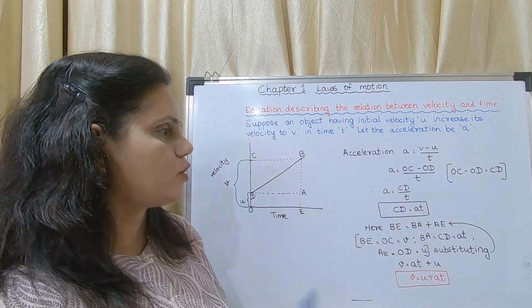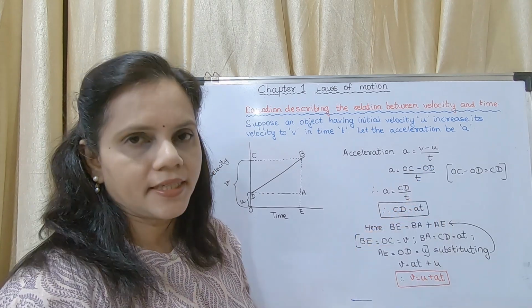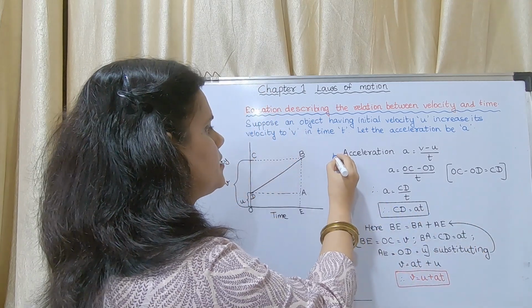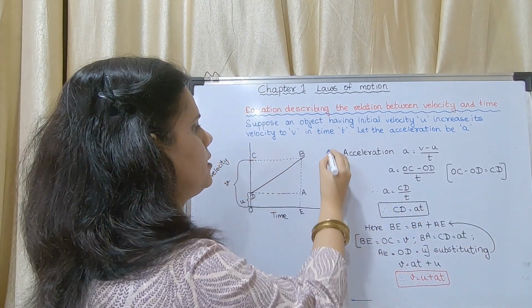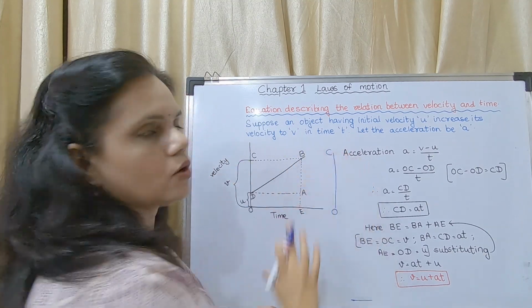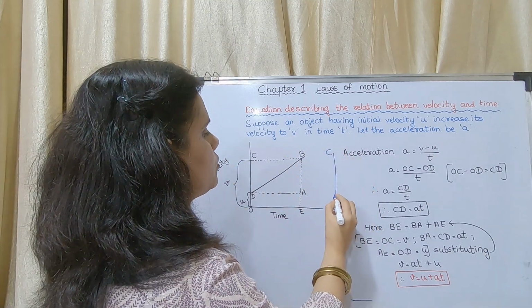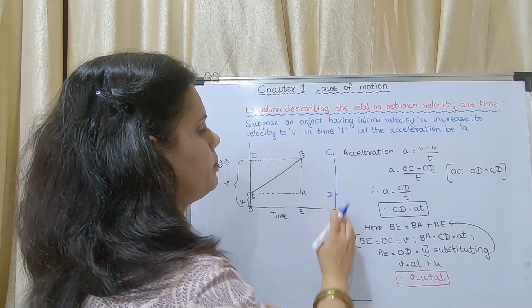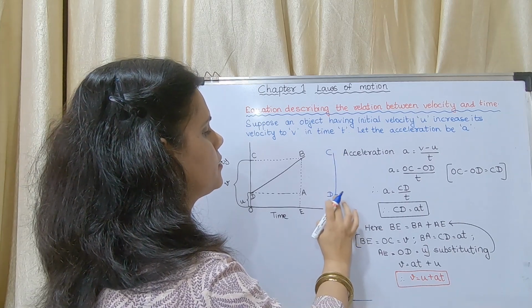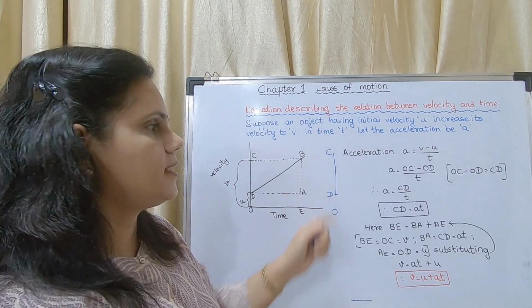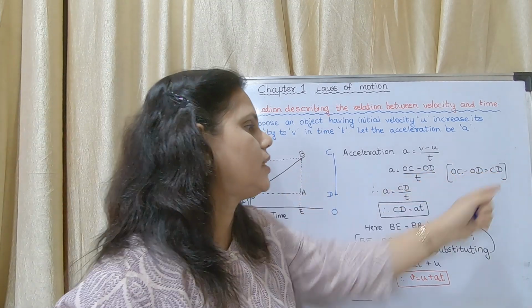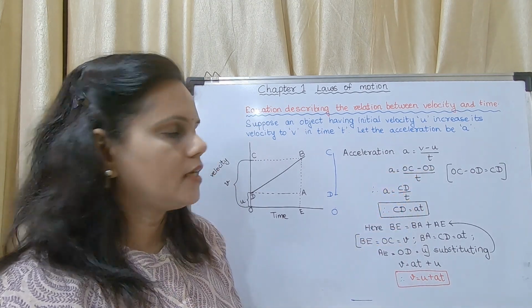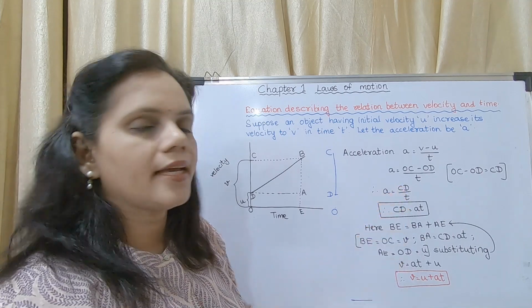Now OC minus OD leaves CD. So instead of OC minus OD I wrote CD, and the equation becomes a is equal to CD upon t.